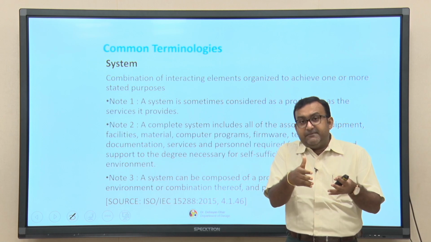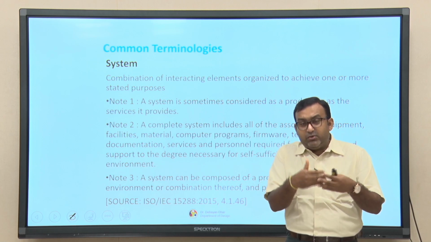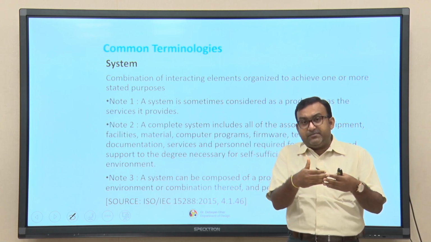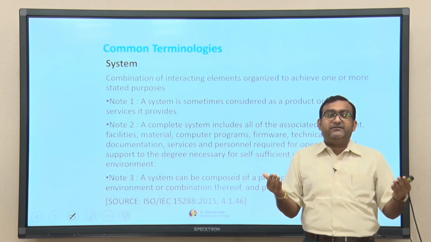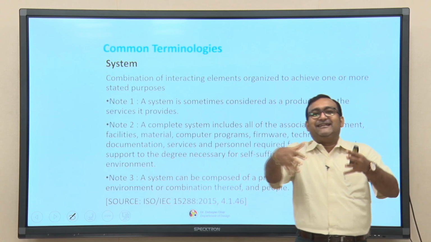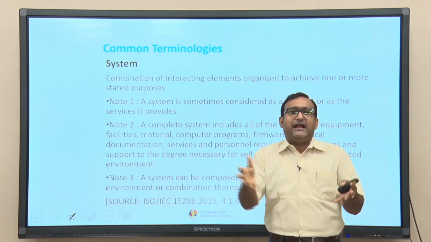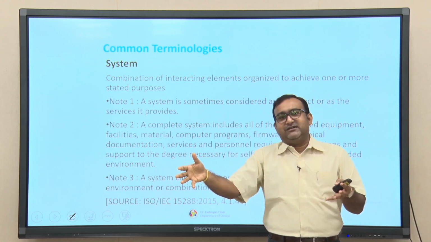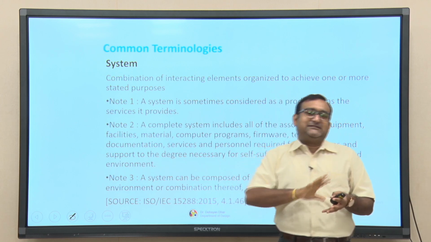So, when we look at all these systems, we only look at it as an interface, but there are a huge number of interacting parts that constitute this system.